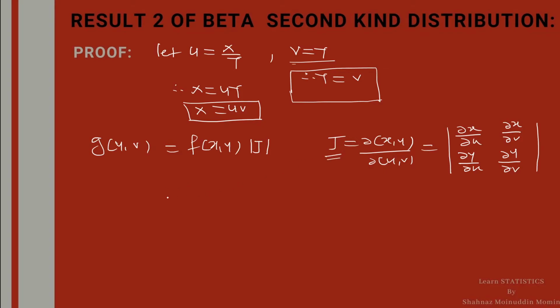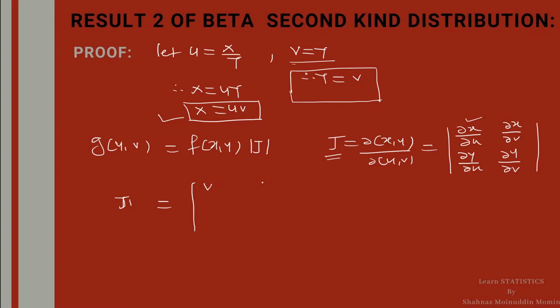Now I will substitute the joint PDF of f(x,y) and the value of J. We shall obtain the value of J first. The first derivative is the partial derivative of x with respect to u. The relation of x is x equal to u into v. Differentiating x with respect to u, we get v.